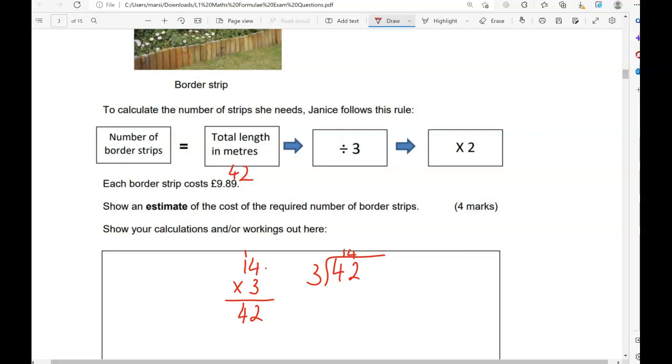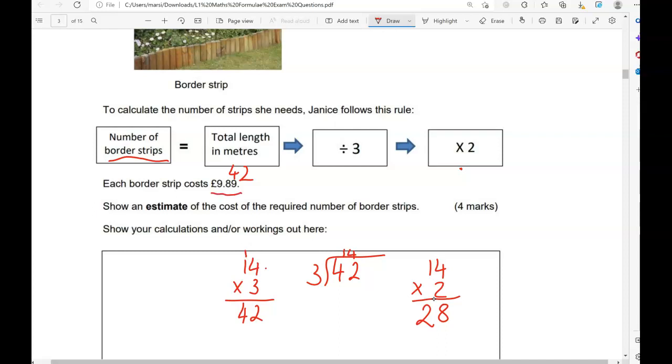So now we've got the 14, we need to double that. So 14 times 2. Two times 4 is 8, 2 times 1 is 2, so 28. That's the number of border strips. Each border strip costs £9.89. We've got to estimate, not give an exact answer.